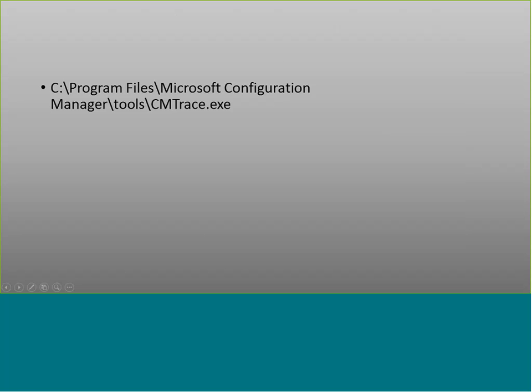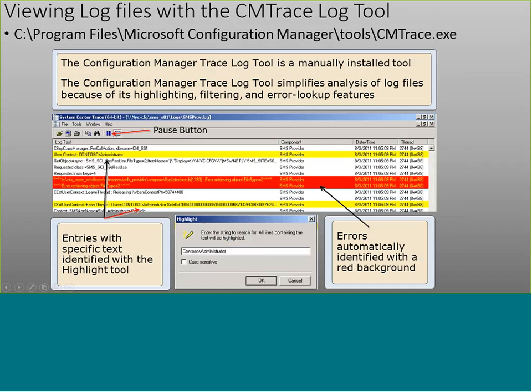CM Trace is a log viewer that tells you some live details. This is the CM Trace. The path is Program Files, Microsoft Configuration Manager, Tools, and CMTrace. When you double click that, it opens, and then you can open log files inside it.